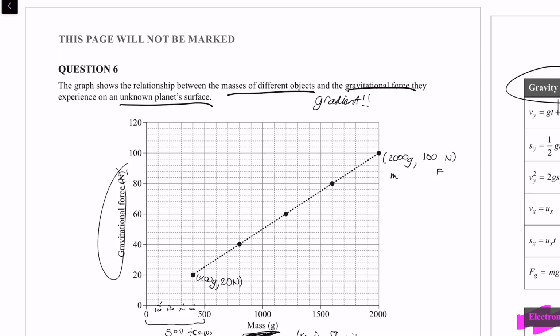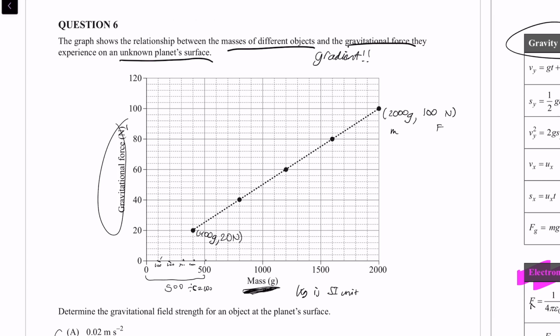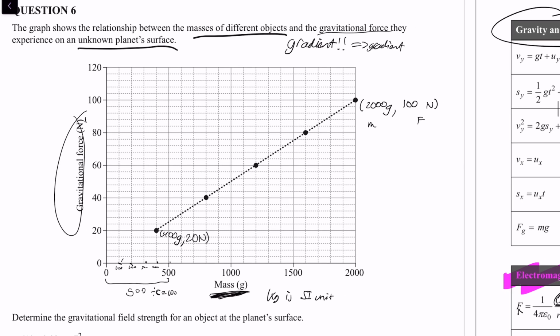Okay, and so my gradient. Actually, I don't think we usually put lowercase m like we do in math for gradient. We usually just say gradient, because lowercase m can sometimes be mixed up with the mass, and you don't want that in physics. It's just too stressful.